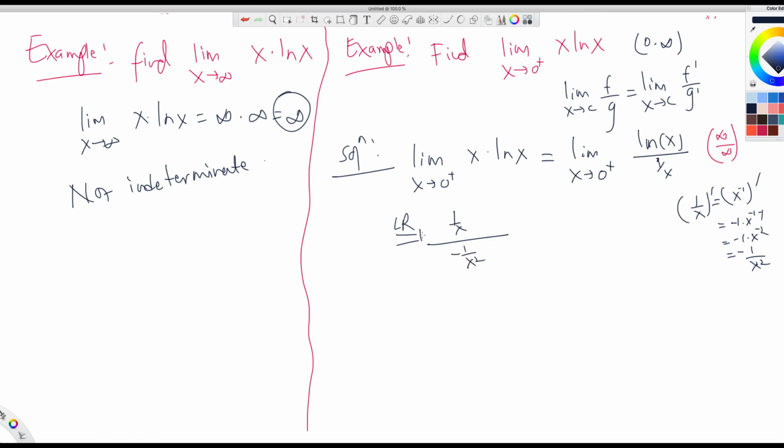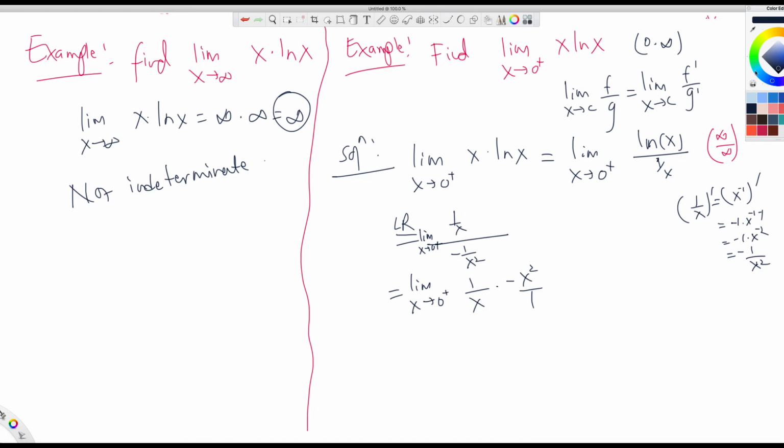So I don't forget the limit: limit as x tends to 0 plus. Okay. Now, how do I simplify this? It is the fraction of fractions, so I write it as the product of two fractions: 1 over x, the top fraction, times the reciprocal of the bottom fraction, negative x squared over 1.